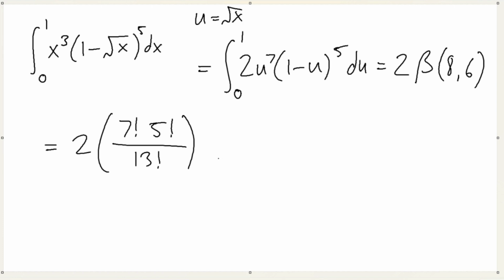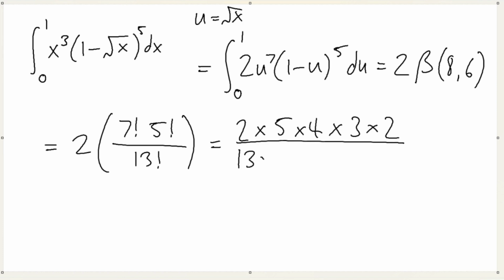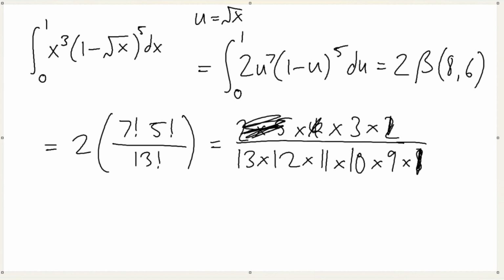Okay. This is a lot, actually. 2 times. Actually, let's put in the 2 with it. 2 times. We know 7 factorial is going to cancel out. And then we're left with like 13, 12, 11, 10, 9, 8. And then 7 factorial cancels out. This is 4 times 2 is 8. 2 times 5 is 10.